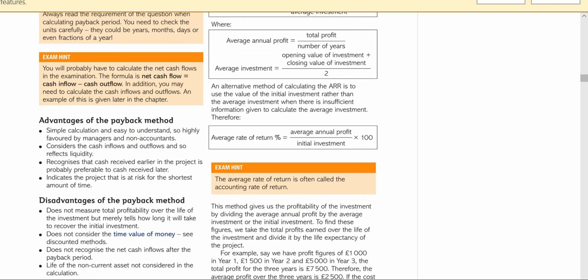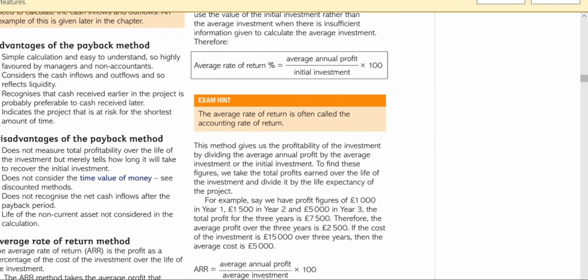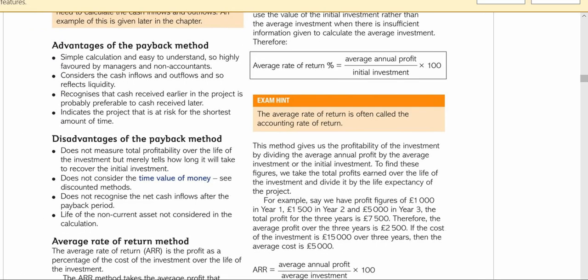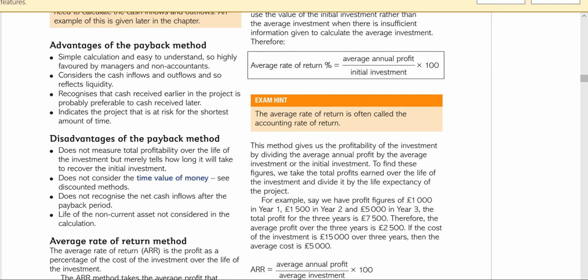Okay, now here are some advantages and disadvantages of payback period. You may read by yourself, it's not a big deal to handle. If you can, I will explain, and if you read by yourself, that's okay. What's your opinion?